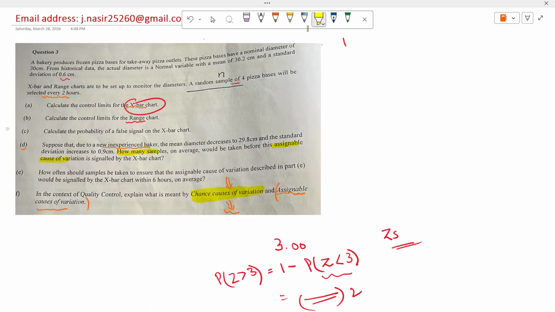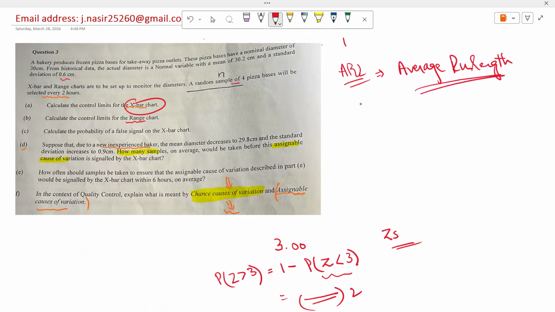So how many samples would it take? We have a way to measure this and we call it ARL, average run length.